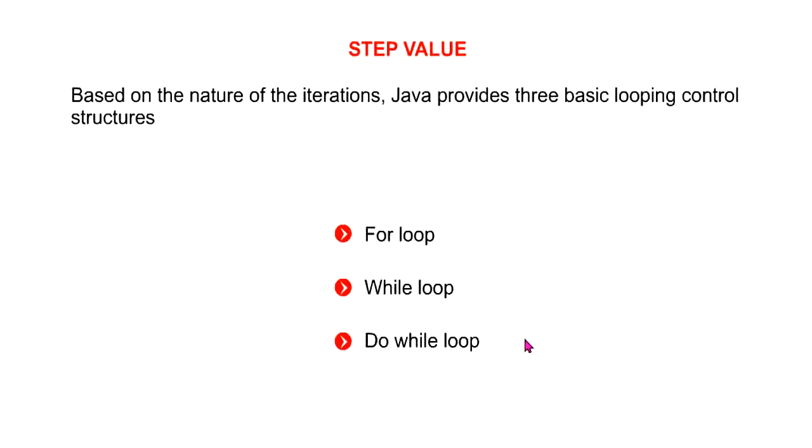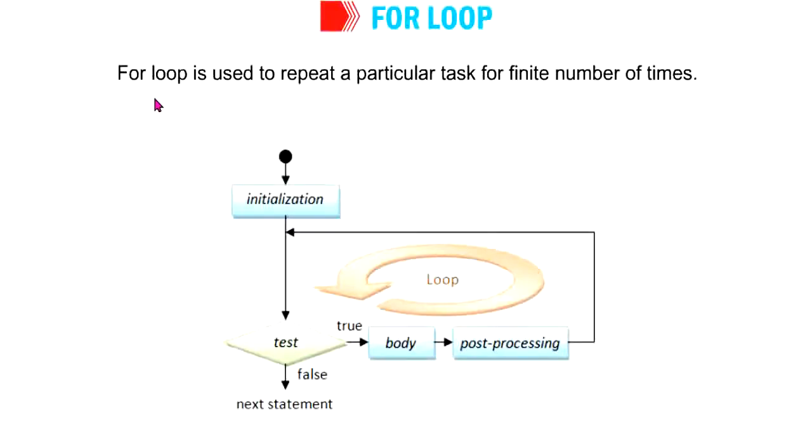In this class, we will learn the theory of these three: for loop, while loop, do while loop, the definition and the syntax. Then I will explain only two examples of for loop to help you understand. The remaining while loop and do while loop will be explained in the next class. The for loop is used to repeat a particular task for a finite number of times.